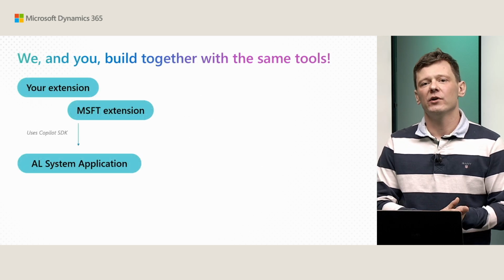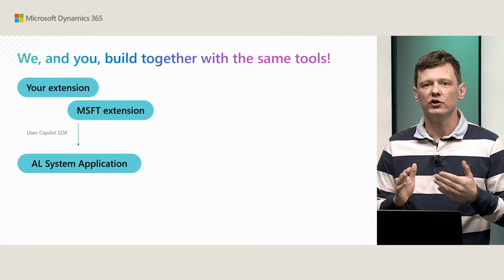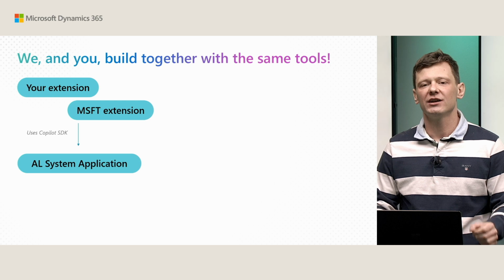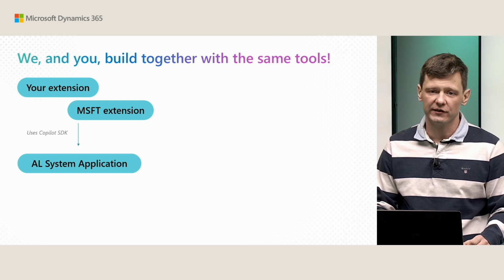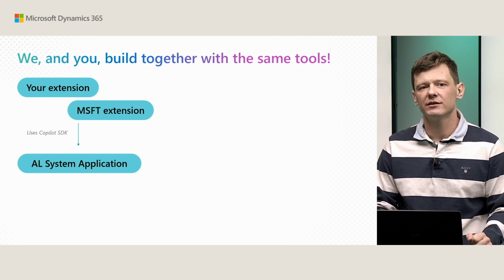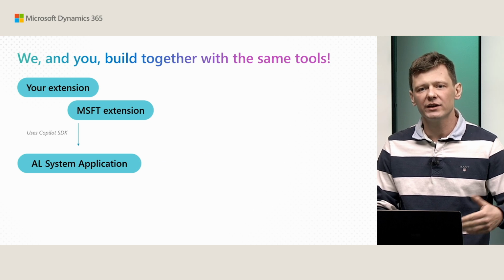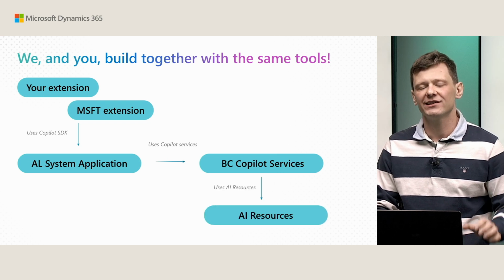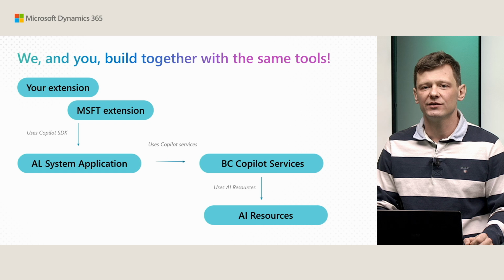The reason why it's so important and so cool is because finally you and us have the same framework and infrastructure for how we build our Copilot experiences. So think about your extension as any other Microsoft extension, which goes through our AI toolkit, which behind the scenes consumes some cloud Copilot services, which finally give you access to some of our large language models.